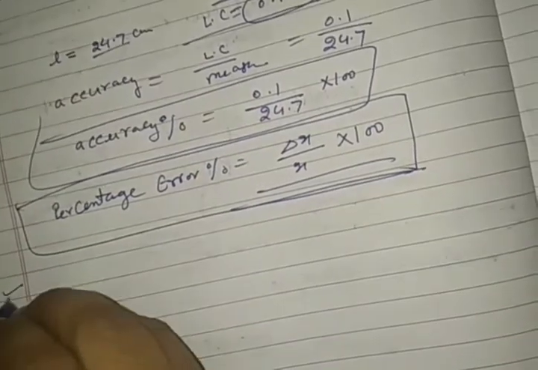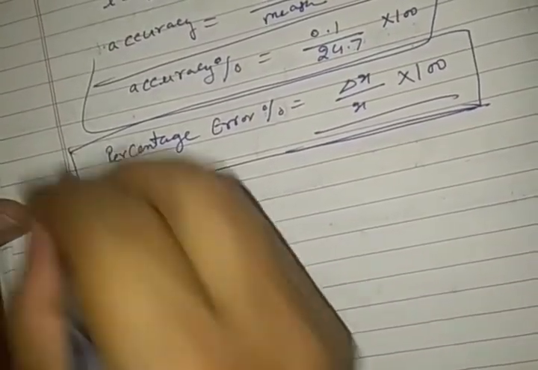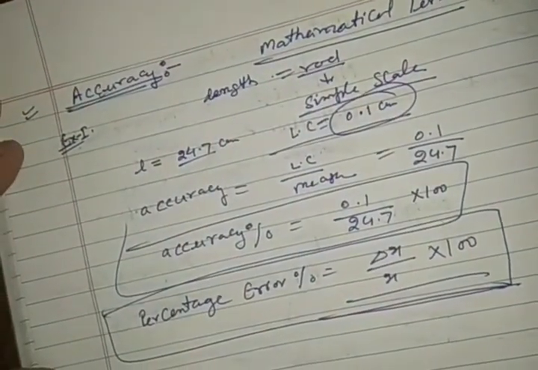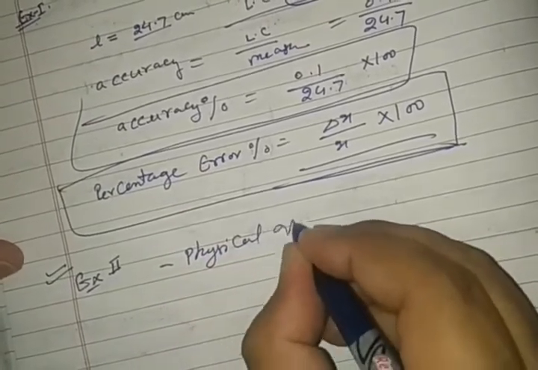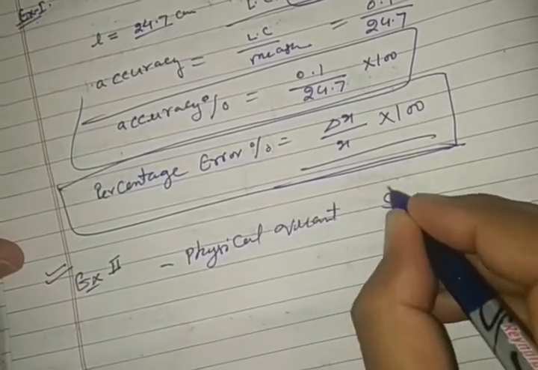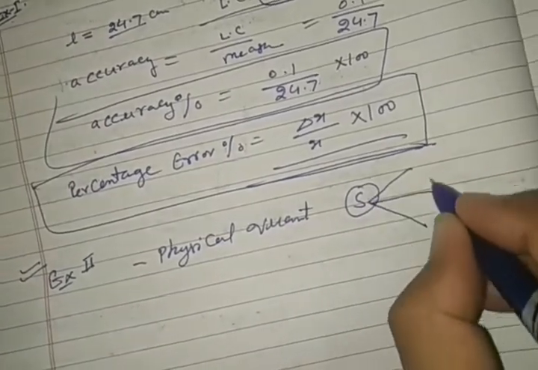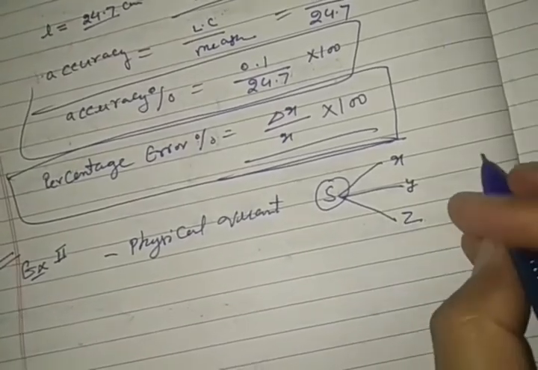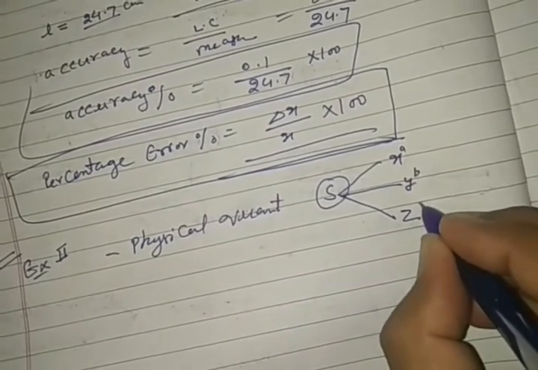For a further formula, let us take example number 2. This was example number 1. Suppose a physical quantity S depends on three physical quantities x, y and z, in powers a, b and c.